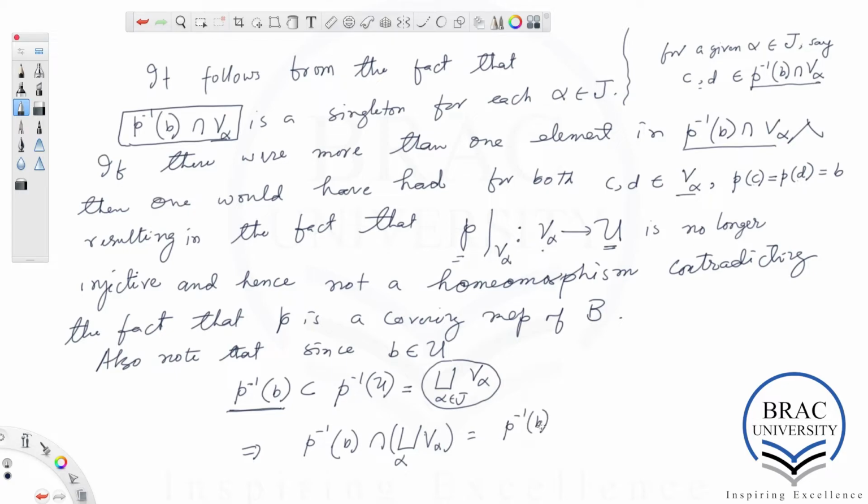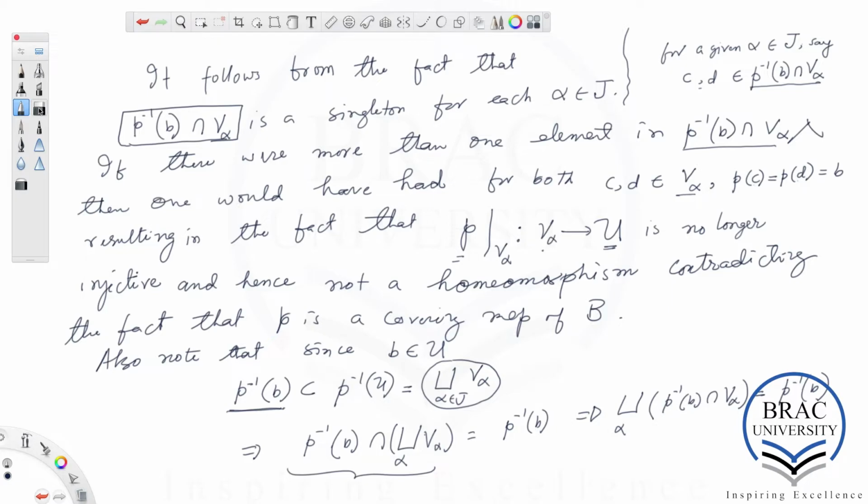Now, using elementary set theory, we can rewrite this as the disjoint union of the intersection of P inverse b with V alpha, and this disjoint union is equal to P inverse b.